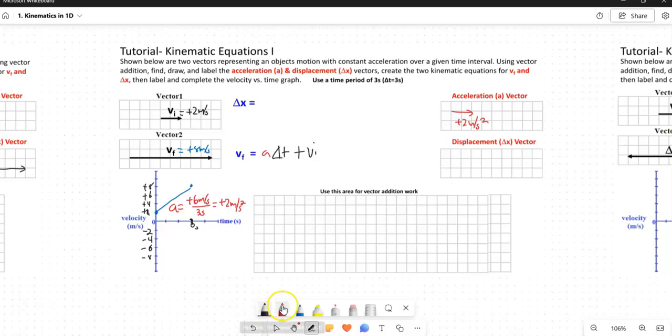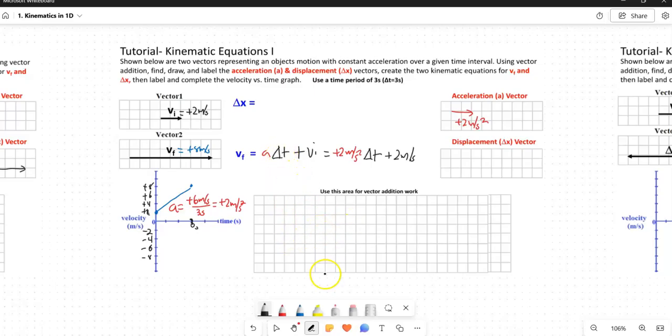So this acceleration is going to be positive 2 meters per second squared, delta t, plus the initial velocity, which is positive 2 meters per second. Okay?